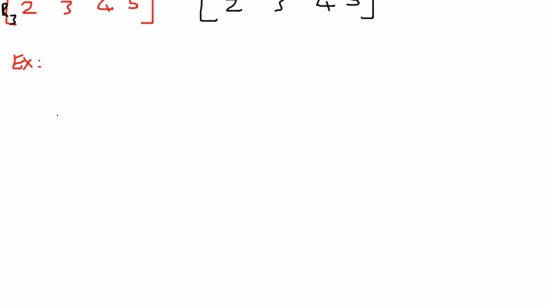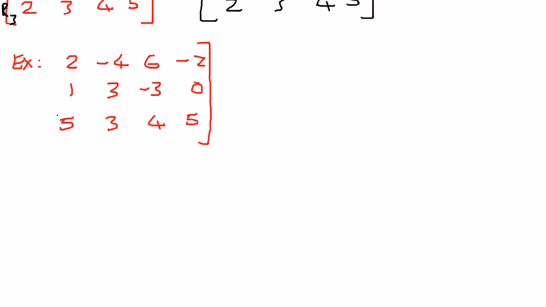Let's say I have a matrix of this kind: 2, -4, 6, -2, and then 1, 3, -3, 0, 5, 3, 4, and 5. What we're trying to say is that the elements in any row may be multiplied by a non-zero number.